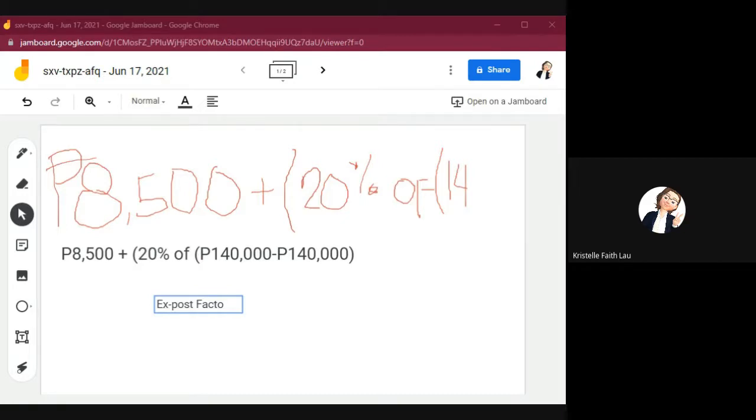And we also have the compensatory. Okay, so compensatory, these are the taxes that may be imposed for the equitable distribution of wealth and income in the society.